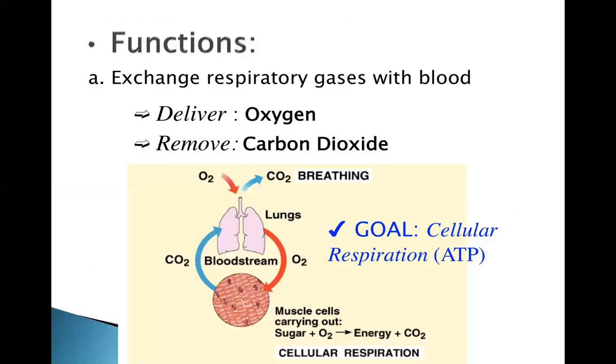All right, so we've already talked a little bit about the functions of the respiratory system. Number one is going to be to exchange respiratory gases, oxygen and carbon dioxide. These are really important to facilitate aerobic cellular respiration, which occurs within all of our metabolically active tissue cells.